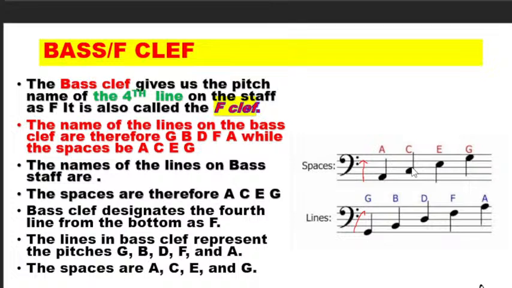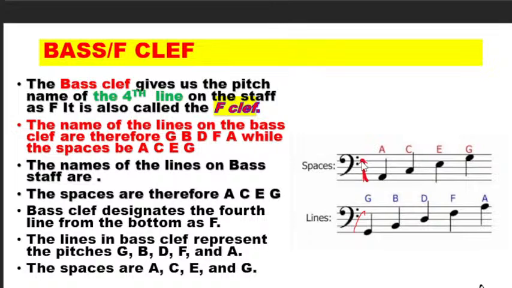You start from down, go up to the 4th line, and that is where the 2 dots are indicated, where the bass clef, or F clef, is. The lines on the bass clef are therefore G, B, D, F, and A, while the spaces take A, C, E, G.